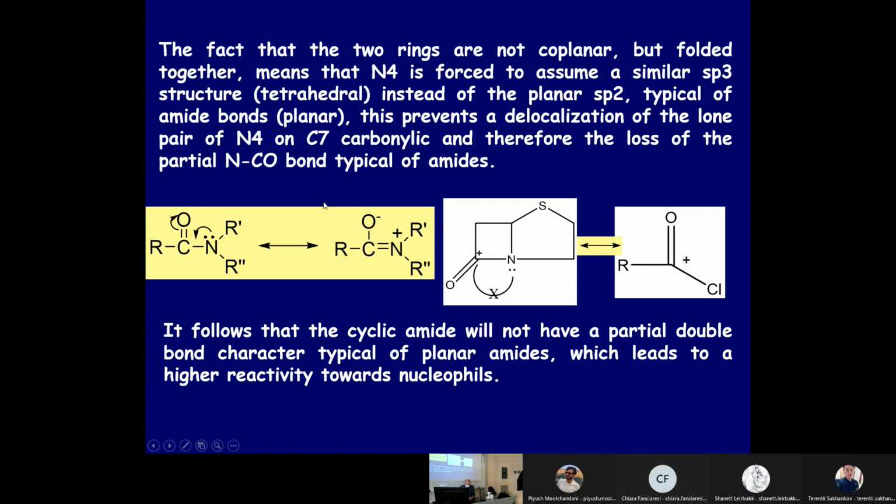And so you see here the two resonance forms which describe the distribution of the two electrons inside the amido group. This means that the amide bond is very strong, is almost a double bond, and so is not so reactive.